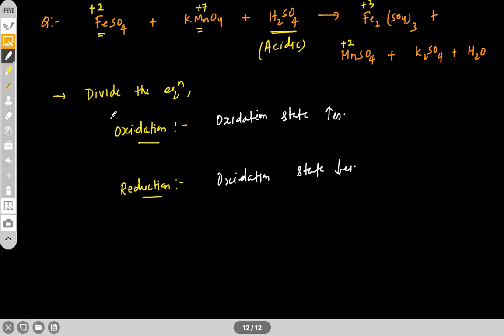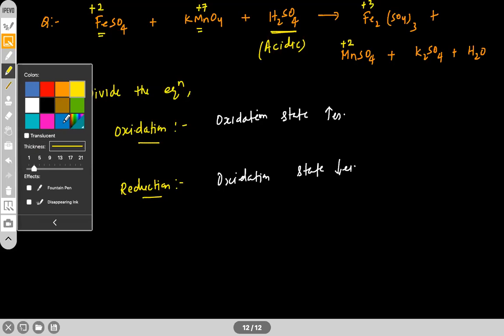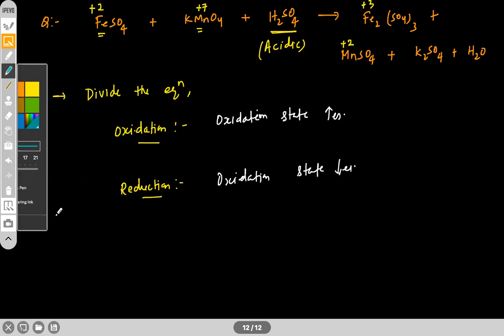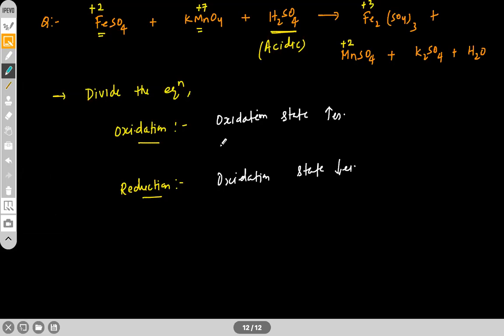So I'll write down the equation in the form of ions. This Fe2+ is converting into Fe3+. And since we have 2 Fe here, I'll write down 2 Fe3+ this side.